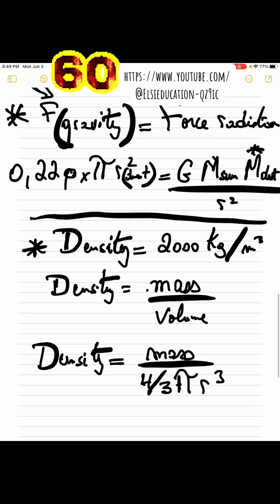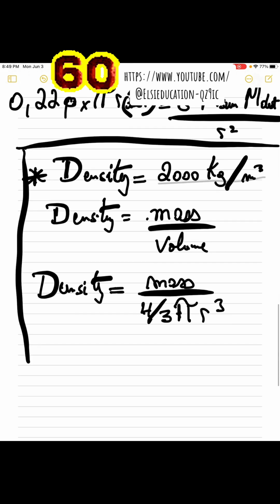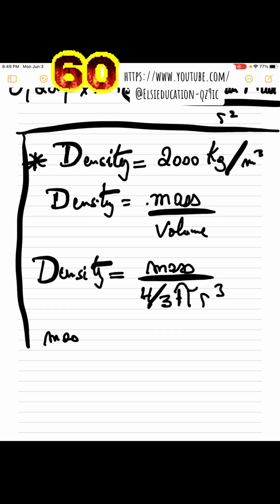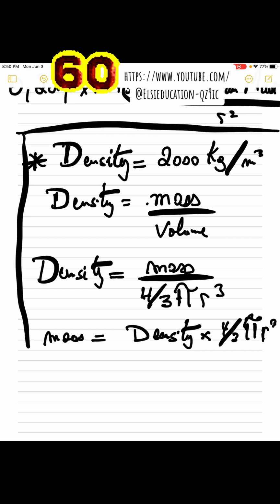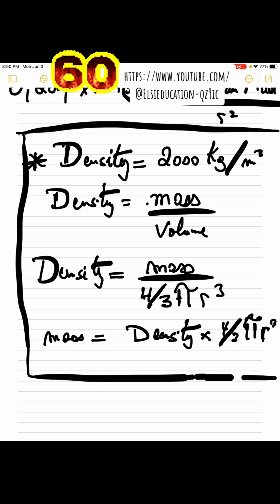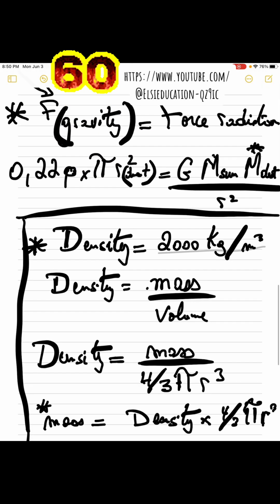This is only the part to replace to find the mass of the dust, so we can use it in the force of gravity. So the mass will be equal to density multiplied by 4/3 pi r cubed. And this is what we're going to use in the formula up here.